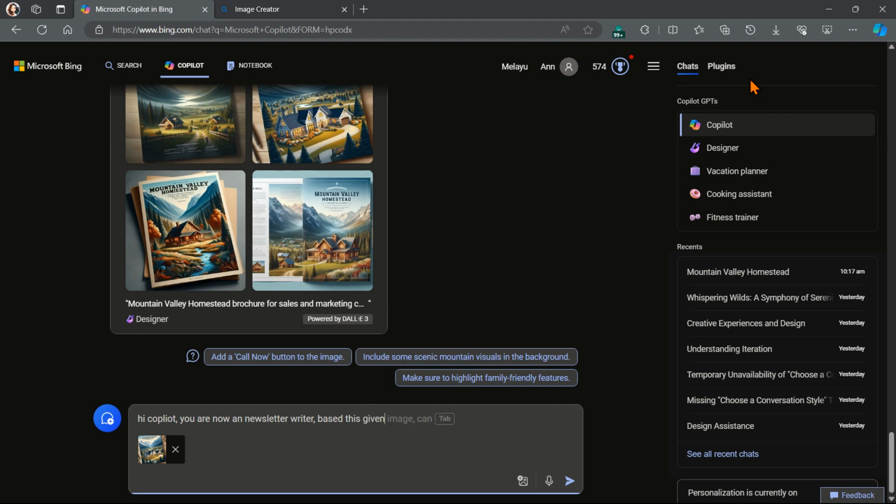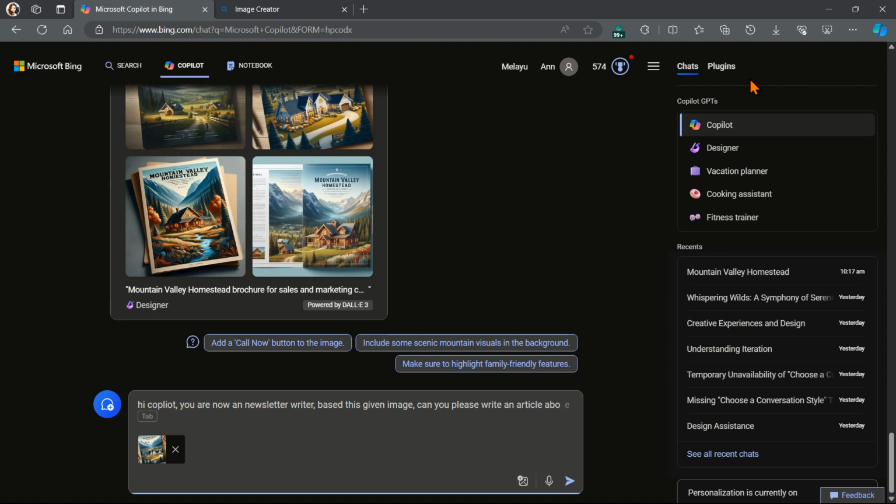Based on this given image, can you please write an article about this image that showcases the beauty and the benefit of this real estate that will capture the interest of potential buyers.